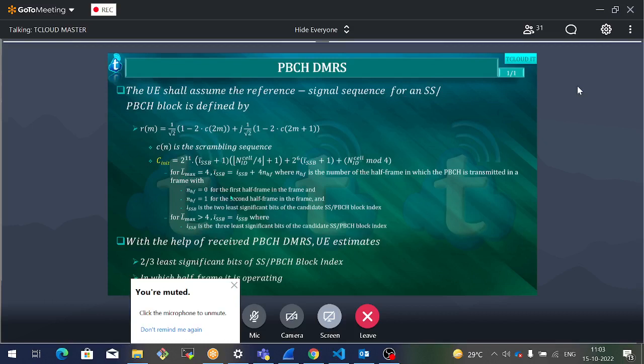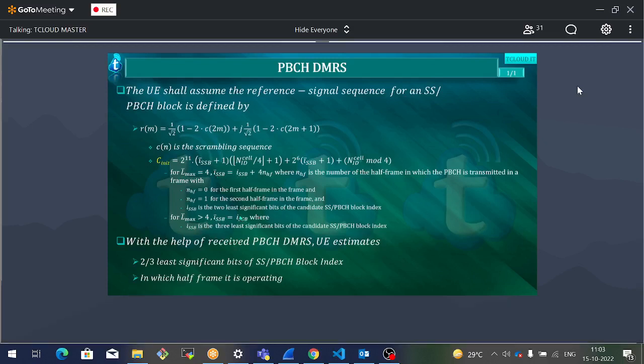If it is Lmax greater than 4, I bar SSB is equal to ISSB directly. But in this case, the ISSB is taken from the 3 least significant bits of the SS/PBCH block index number. So convert that number into binary and take the last 3 bits. Those 3 bits will become I bar SSB if Lmax is greater than 4. Greater than 4 means all other cases, the 8 and 64 cases we are talking about.